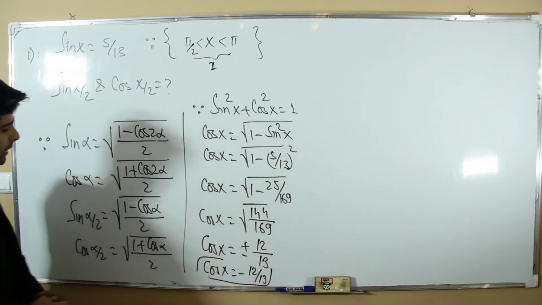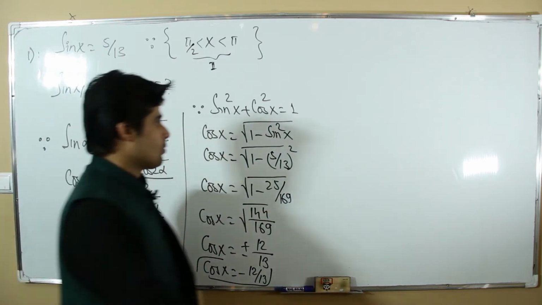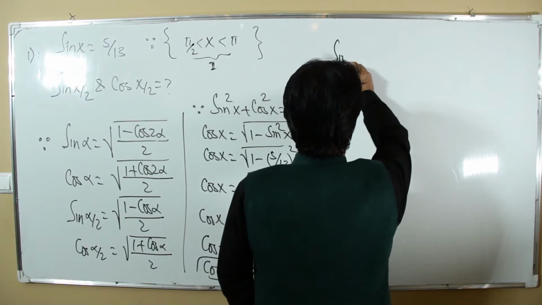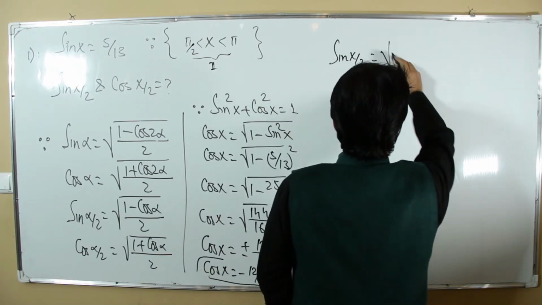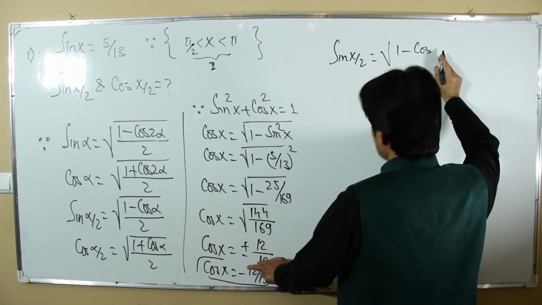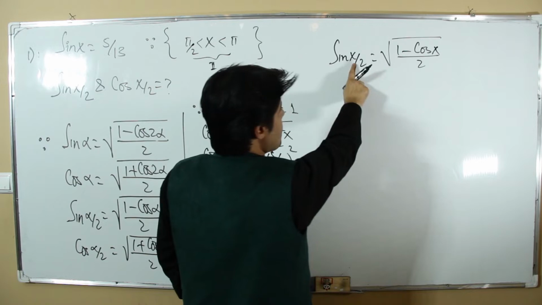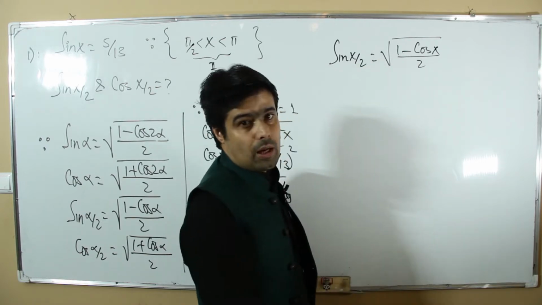Now, cosine of the angle is given, so the half angle we can find. What do I mean? Sine of x by 2 is root of 1 minus cosine of x, divided by 2. Half angle, its own angle.